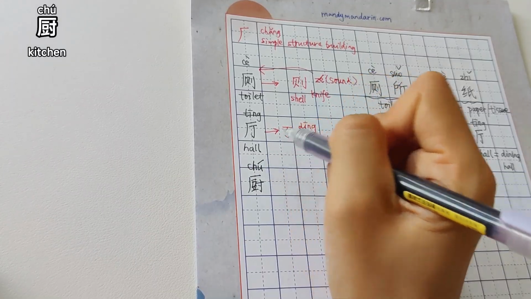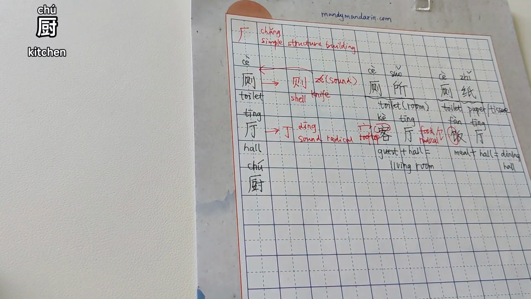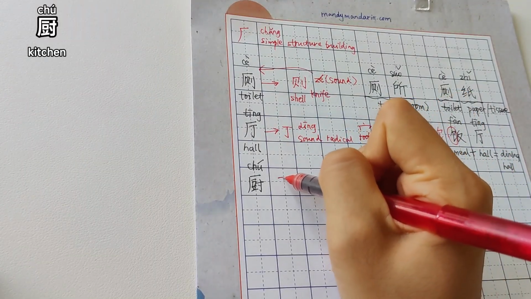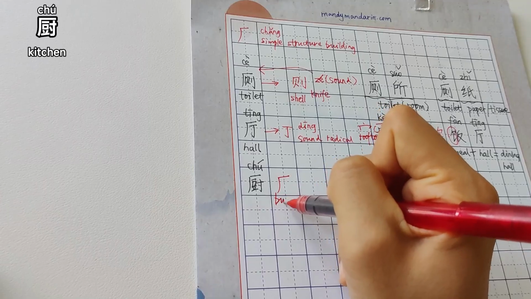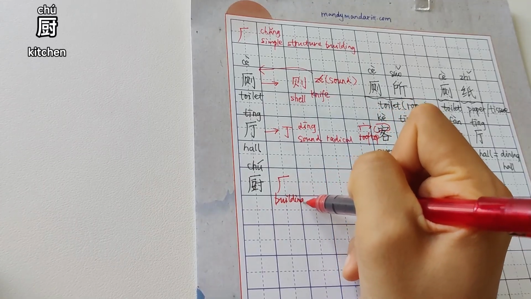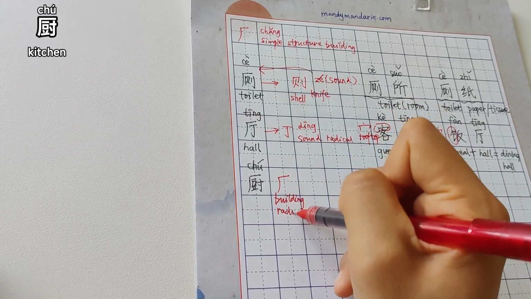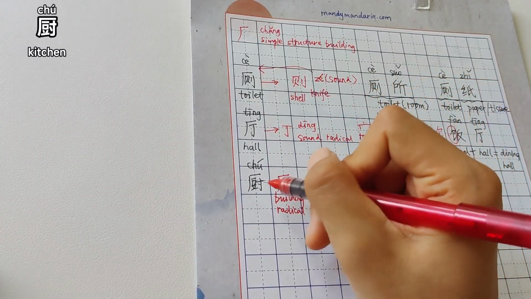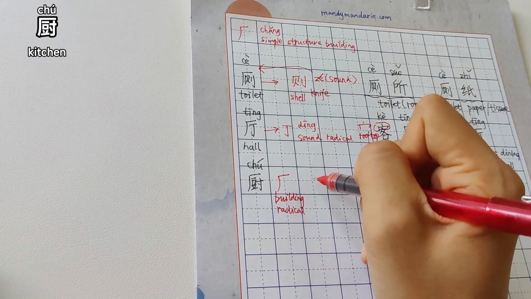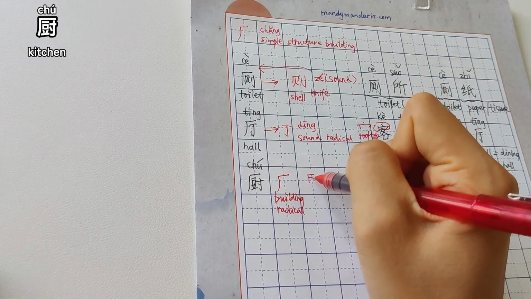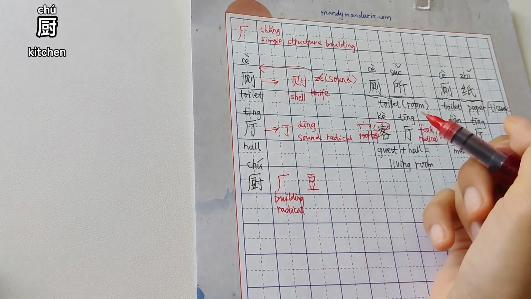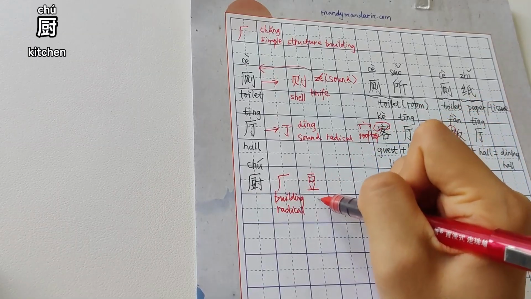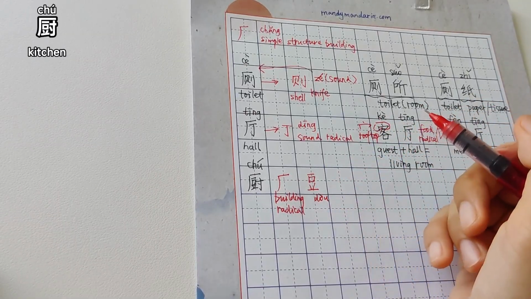厨. 厨, this is an interesting word to talk about. The outside part of it is a building radical. And the inside part, on the left, is 豆.